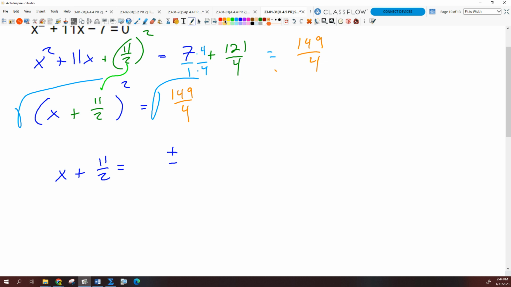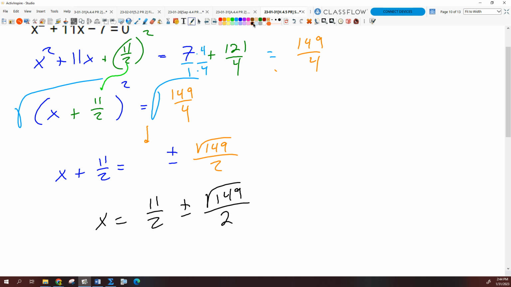Okay, so plus or minus square root of 149 over 2. Last step. Okay, I'm going to subtract 11 halves from both sides, and it goes there, right? And so my final answer just looks like negative 11 halves plus or minus the square root of 149 over 2. There's both my answers. Okay, good?